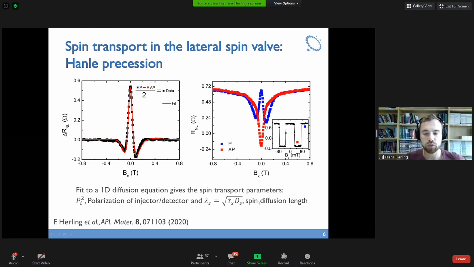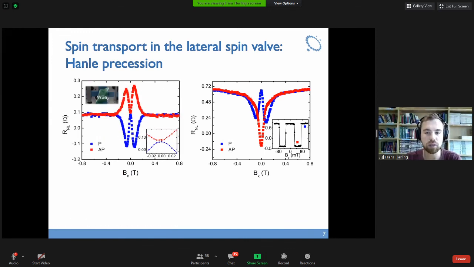And for the spin transport, you get the spin diffusion time and the spin diffusion constant, which essentially gives you the spin diffusion length, as we've seen in the talks before. And this is an alternative to changing the length of the lateral spin valves, as we've seen in the theoretical talk, in that you can measure those parameters in one lateral spin valve through the applied magnetic field.